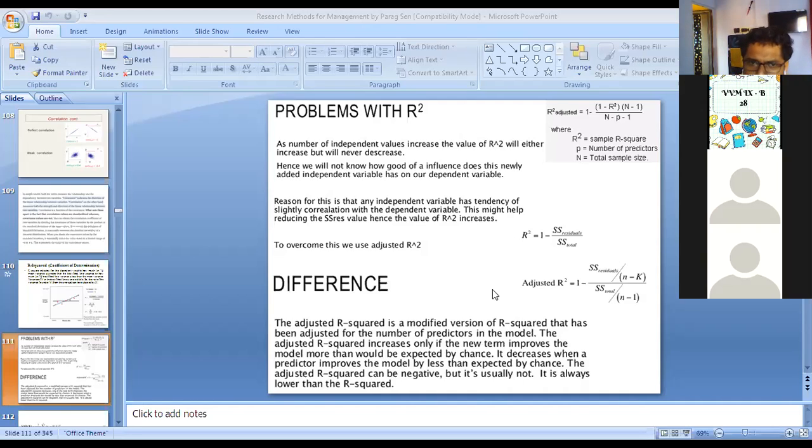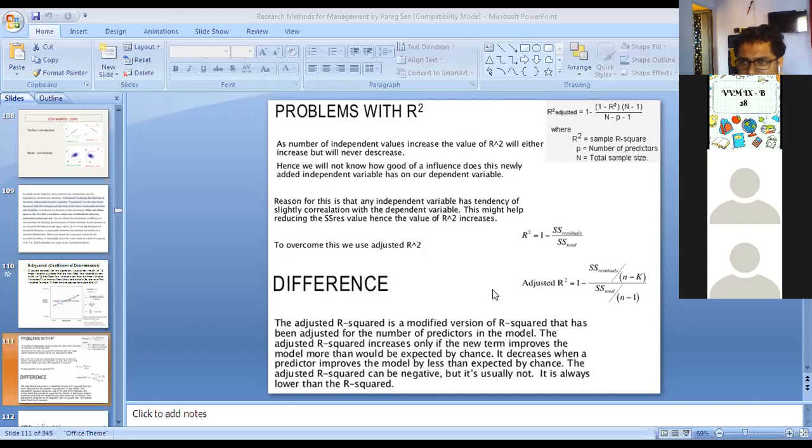Even if you increase your sample size, adjusted R square will not increase by chance.